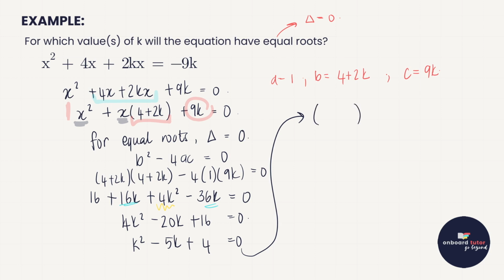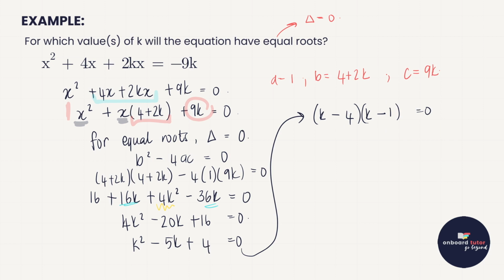It's quadratic, so that means I'm going to have to factorize it. Okay, k times k gives me k squared. Factors of 4 and 1 will be able to give me that minus 5 if I say minus 4 and minus 1. And then we just do that final check where we say a minus times a minus is a plus, and 4 times 1 is 4. So those factors are good.